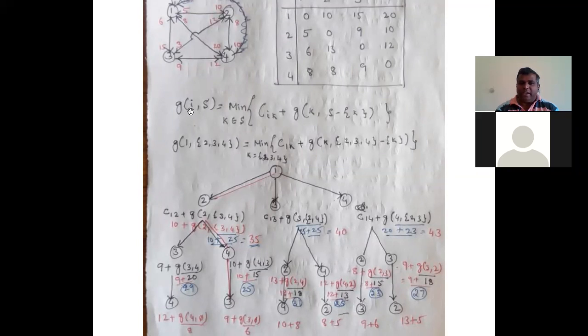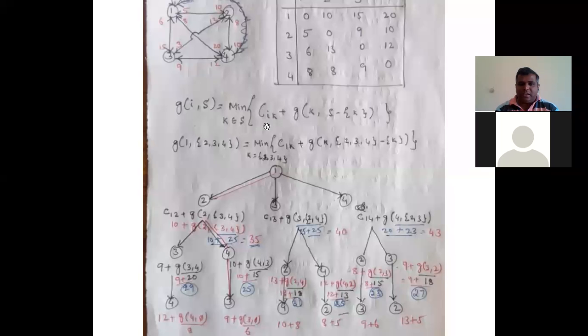So from I to reach all the remaining nodes of the graph exactly once, the cost G of I comma S is equal to minimum of the cost I to K. That means starting node to some intermediate node K. K is the intermediate node that belongs to S. S is a set of nodes other than I, other than the visited node or starting node.